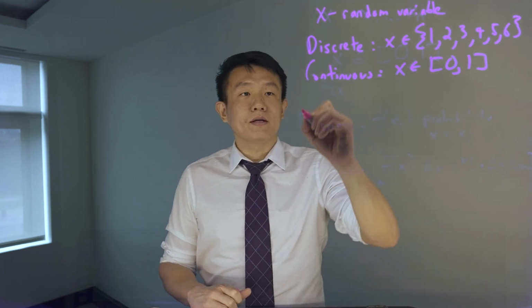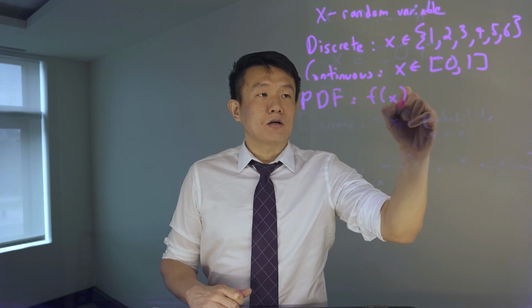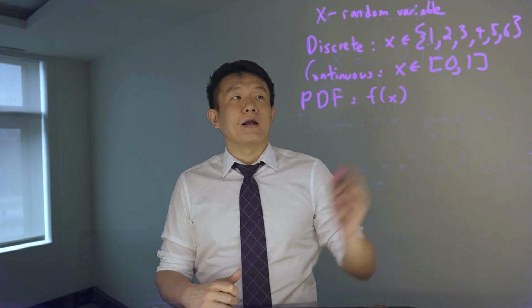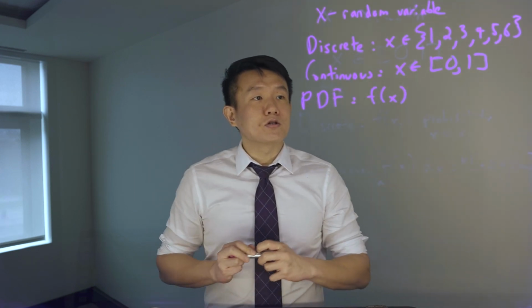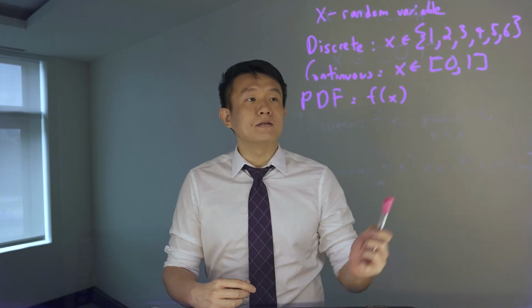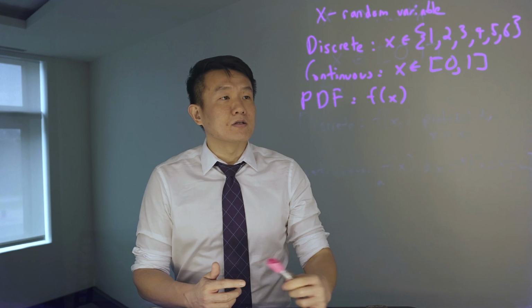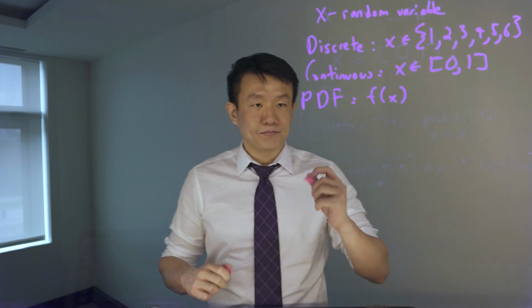The probability density function, or the PDF, is going to describe the probability that x takes on each of its possible values. And I say describes the probability because this is not the same as saying that f of x is the probability of that particular value occurring.